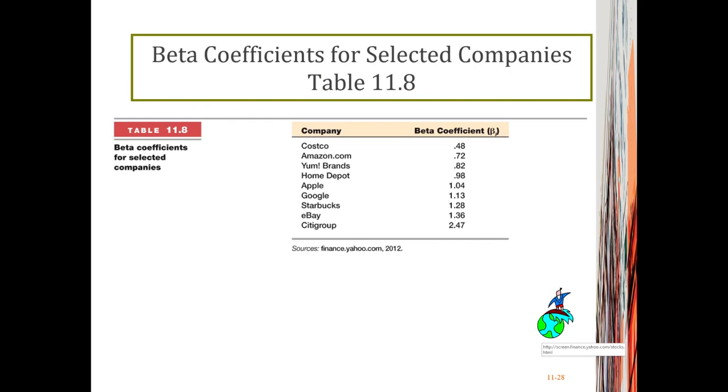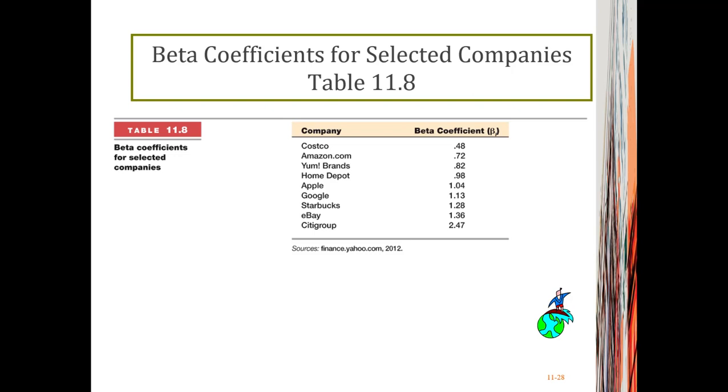Let's take a look at an example of beta coefficients for many different companies in this table. As you see, different companies have different betas, and those betas measure systematic risk or market risk for individual stocks. Some have less than market average systematic risk.